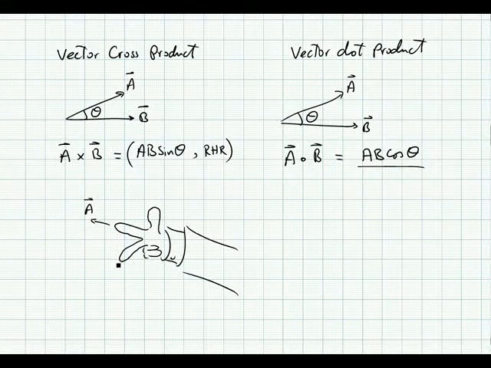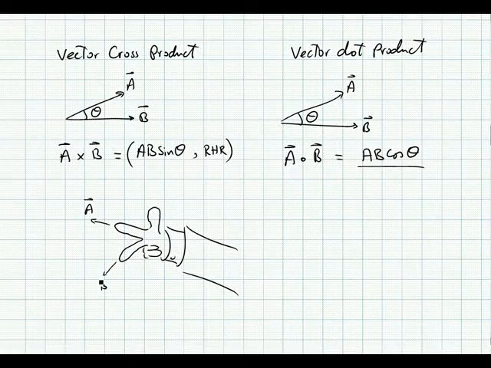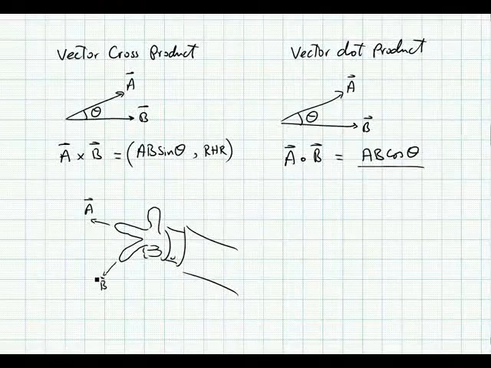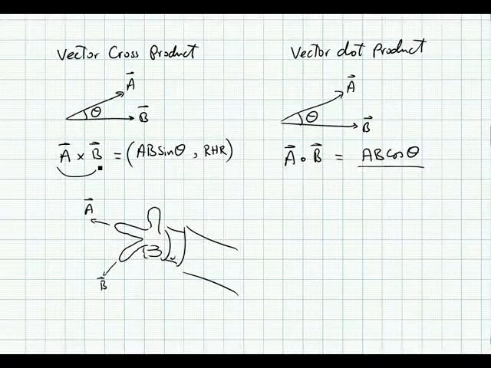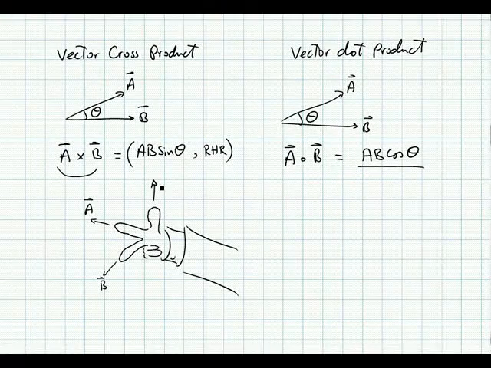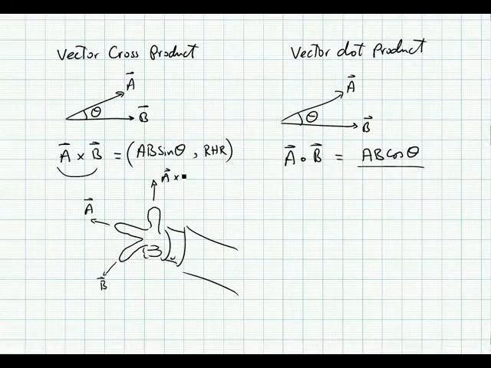Your middle finger should point in the direction of vector B. And the right hand rule says that the direction of A crossed with B is given by the direction in which your thumb is pointing.